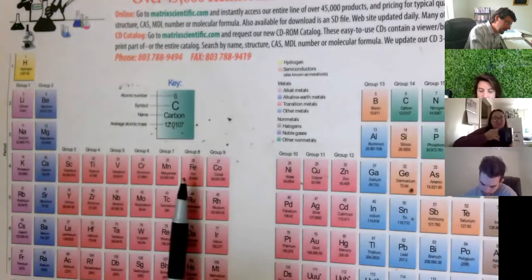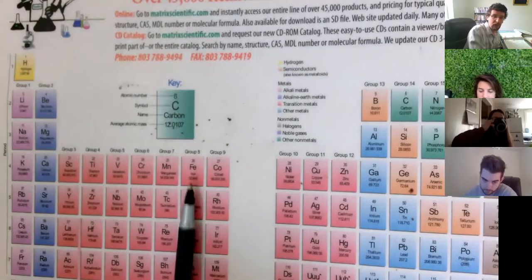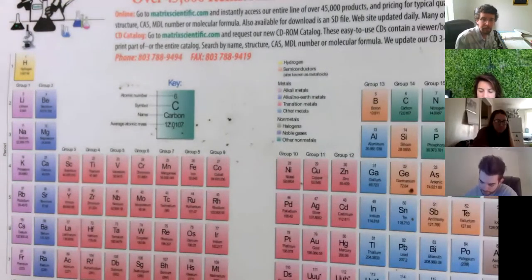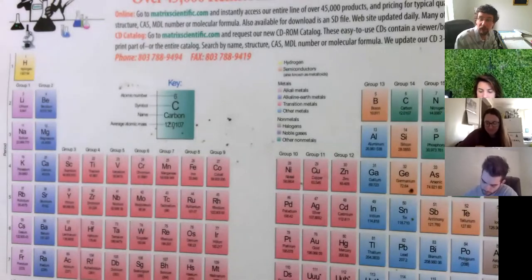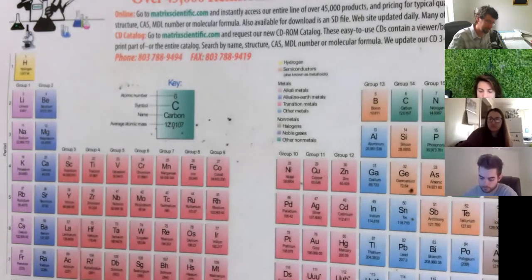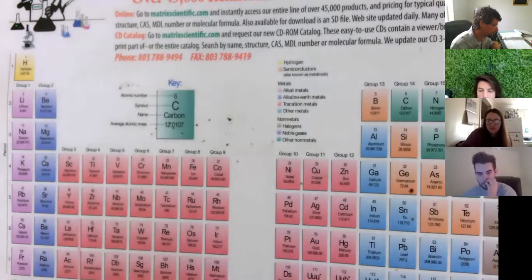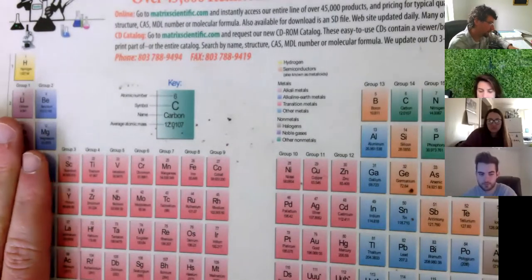So what is the condensed configuration for iron 3+ going to be? It's going to take the s electrons. Yep, those are gone.